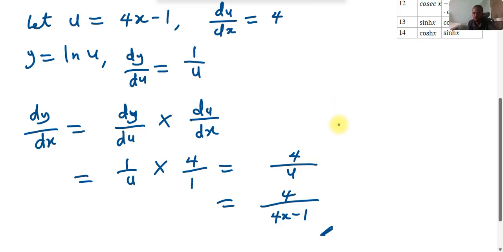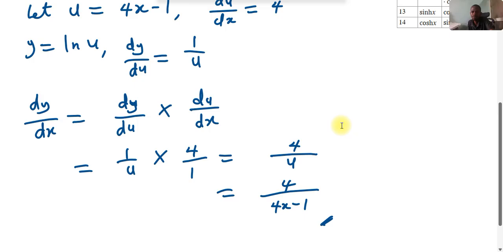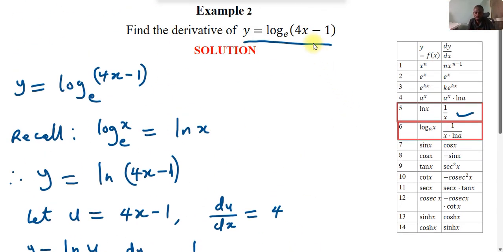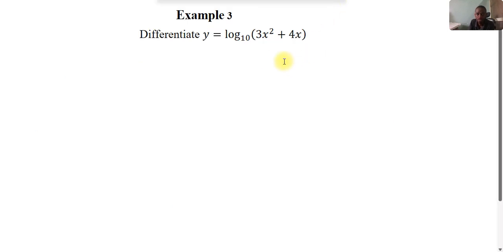So let's go to question 3 quickly. Let's check question 3. Question 3 says we should differentiate y equals log (3x squared plus 4x) to base 10. Right?